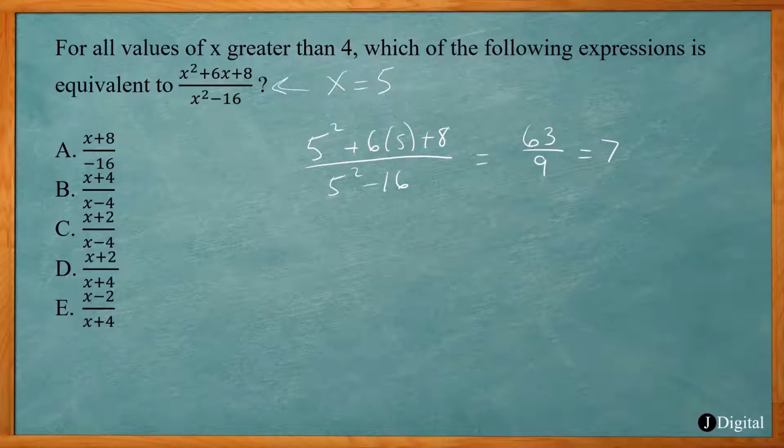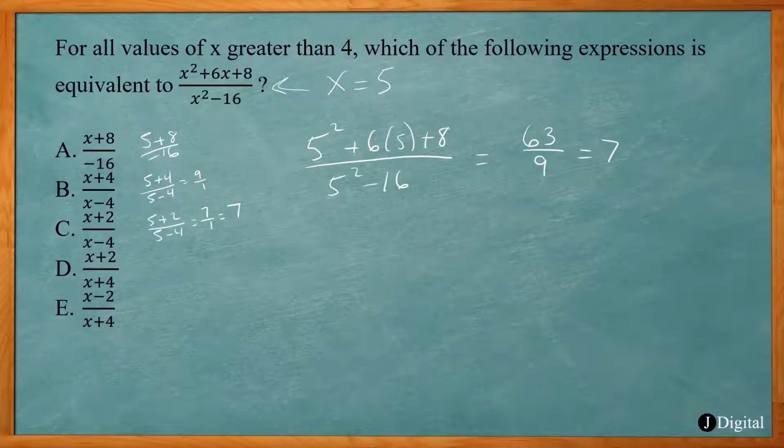Now the equivalent expression will give you the same value. So if I look at A, 5 plus 8 over negative 16, so that's not going to give you 7. 5 plus 4 over 5 minus 4, that's going to be 9 over 1, or 9, so that doesn't work. C, 5 plus 2 over 5 minus 4, that gives us 7 over 1, or 7.